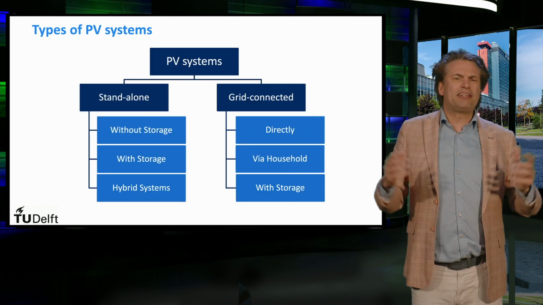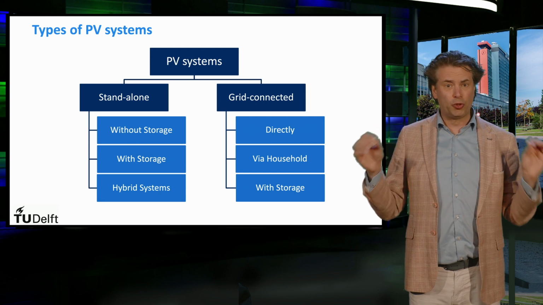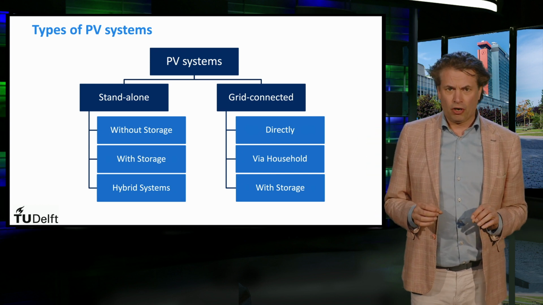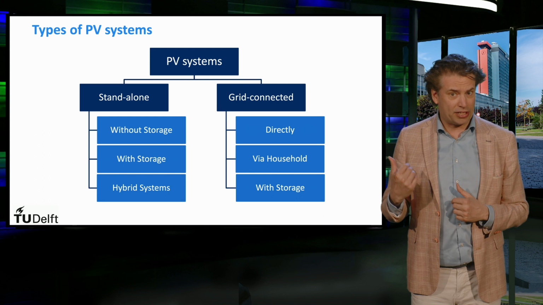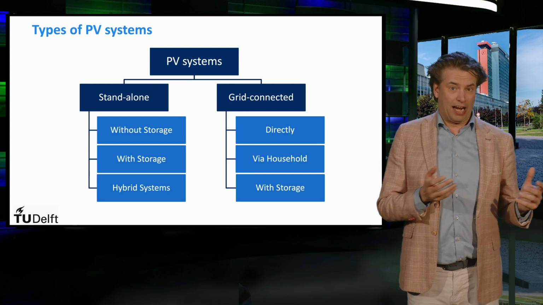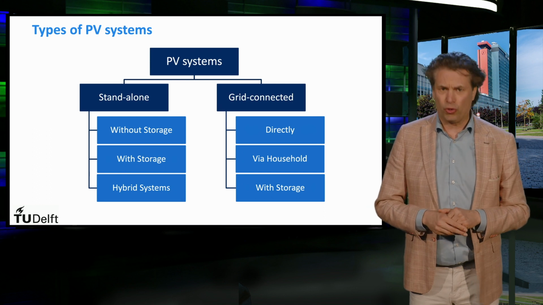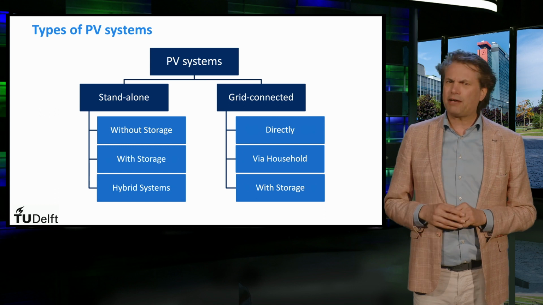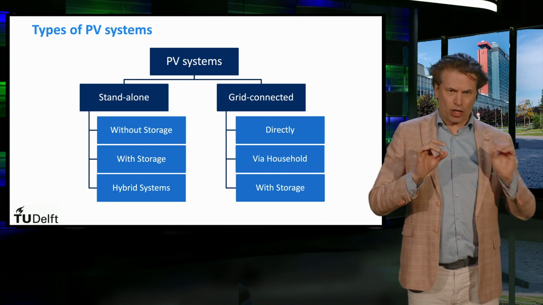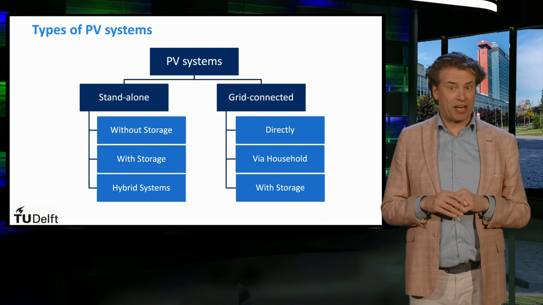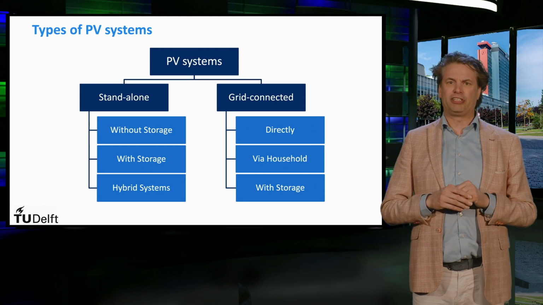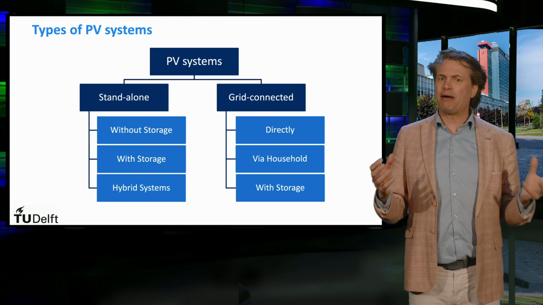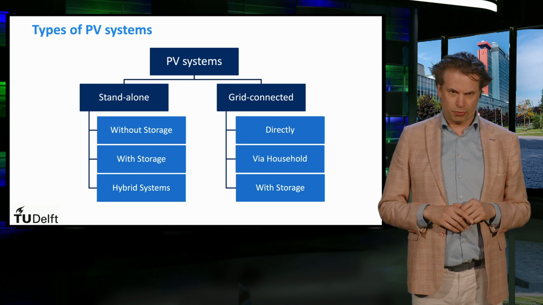Generally speaking, we can divide the PV systems into two main groups. On the right hand side are the grid connected systems, and on the left hand side are the stand-alone systems. Let's start by looking at stand-alone systems, which are also known as off-grid PV systems, to differentiate them from the grid connected group.